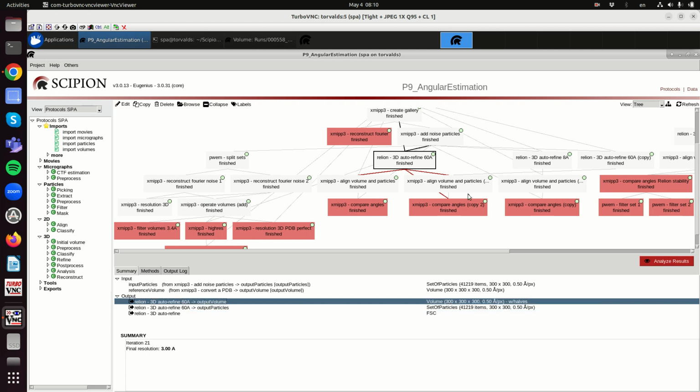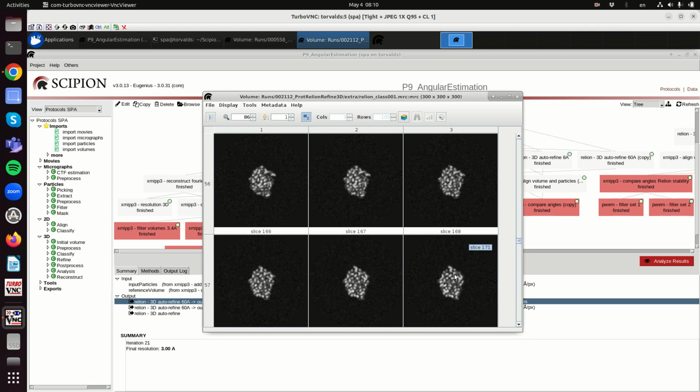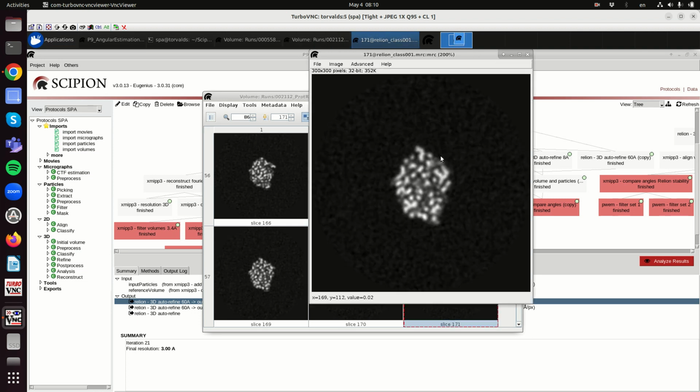So the structure looks good. It basically has no noise in the background. We see that we have fluctuations, but they are very small compared to the signal. This is what we should expect if we don't have any disturbance around.